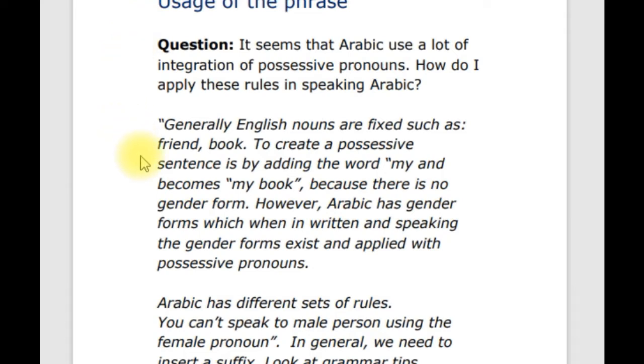To create a possessive, you add the word my and it becomes my book. However, there is no gender form. Arabic has gender forms which, in writing and speaking, are applied with possessive pronouns.